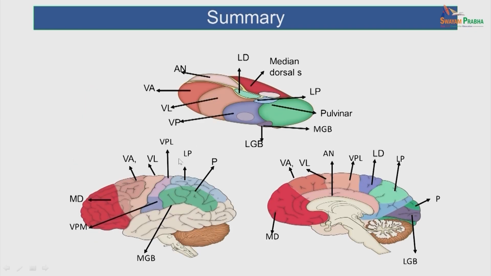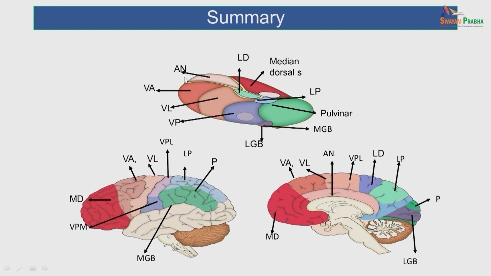Then we have the thalamocortical connections, where the various nuclei of the thalamus are connected to different areas of the cortex. The anterior nucleus is connected to the cingulate gyrus, with both afferents and efferents connected. The medial dorsal nucleus has afferents and efferents connected to the prefrontal area, both on the superolateral surface and the medial surface.